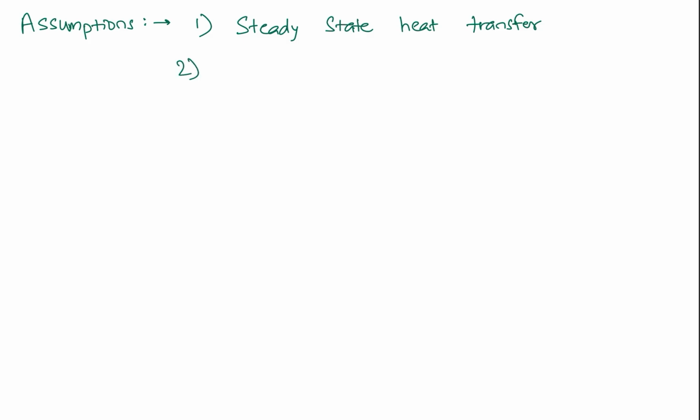Second is 1D, one dimensional heat conduction. So this is our material, and we are assuming that heat conduction is only in the direction which is left to right, or x direction.